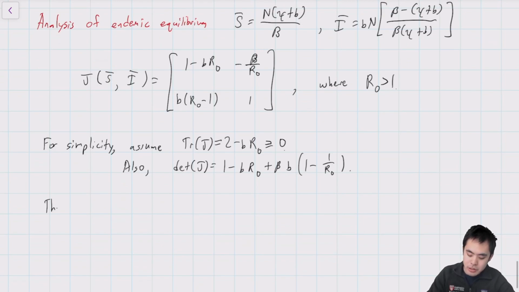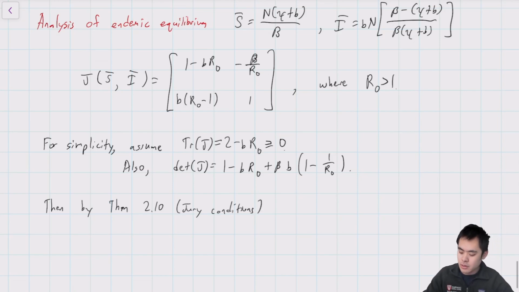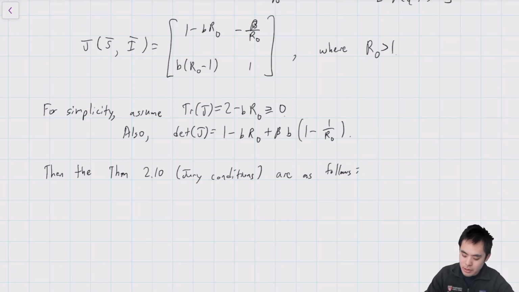Okay, and then we can use the Jury conditions. So by Theorem 2.10, the Jury conditions are as follows. What we need in order to get local stability is that 2 minus b R naught is less than 2 minus b R naught plus beta b times 1 minus 1 over R naught, which is less than 2.